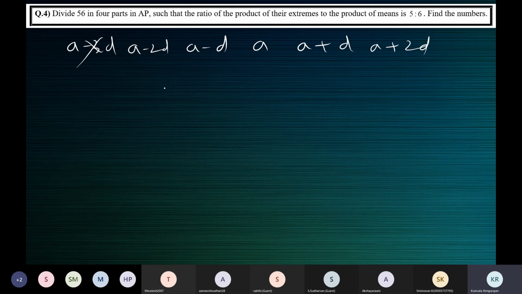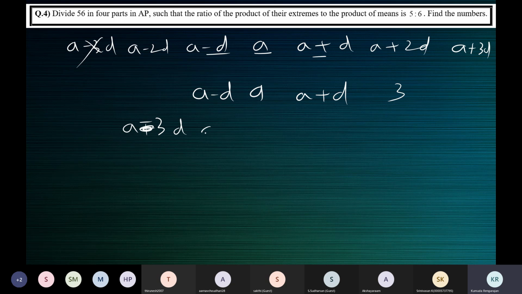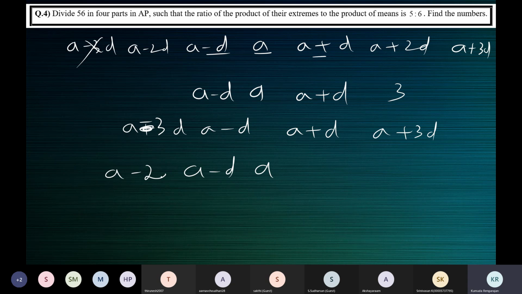Now, when you're taking 3 numbers, go with A minus D, A, A plus D. When it's 4 numbers, go with A minus 3D, A minus D, A plus D, A plus 3D. When it's 5 numbers, go with A minus 2D, A minus D, A, A plus D, A plus 2D.